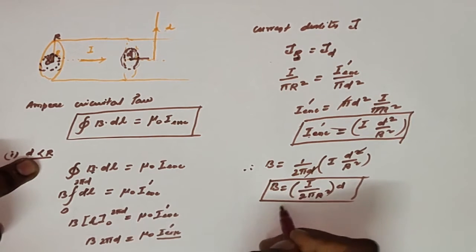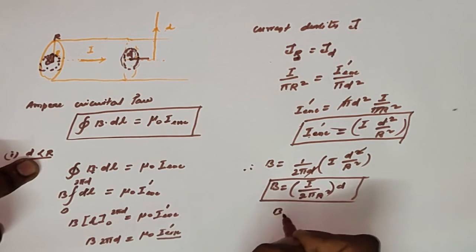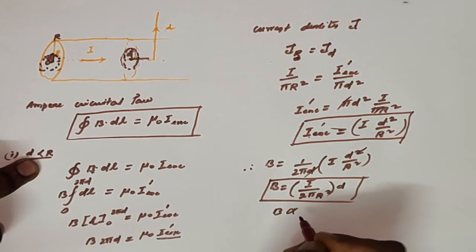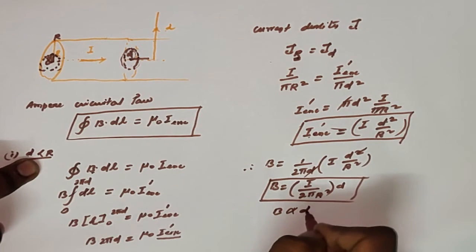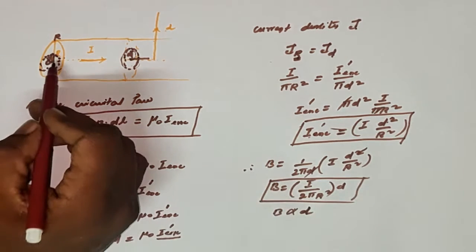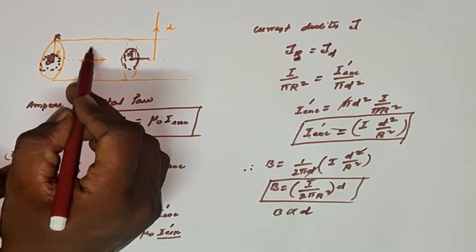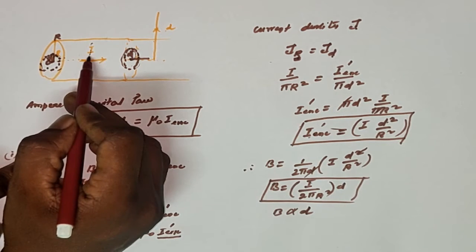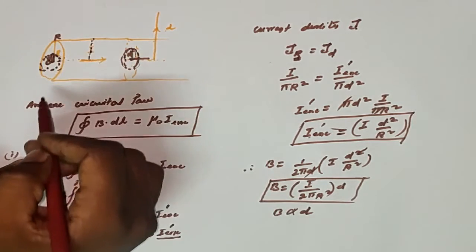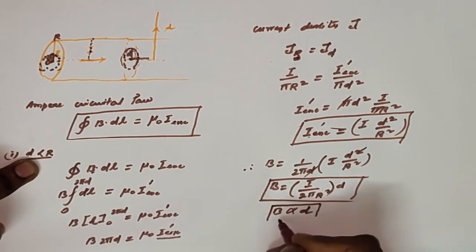Because the current I is constant and 2 pi R squared is constant, we can remove the constants and write B is proportional to the radial distance d. If d increases, B increases. If you measure the magnetic field from the center, it will keep increasing. Suppose here it is 1 tesla, here 2 tesla, then 3, 4, 5, 6. So it increases linearly. That is represented by the equation.